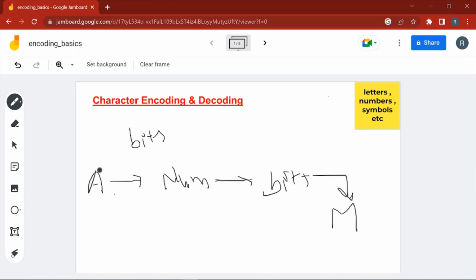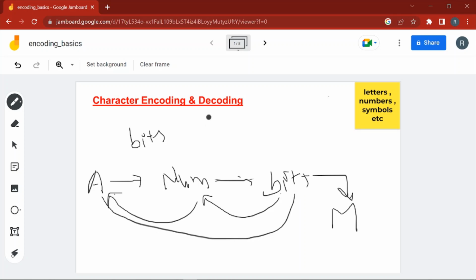This process of conversion from A to bits is known as character encoding. When you open that particular file, the bits are loaded from memory, then bits are converted into a number, then the number is converted into a character. This reverse process is called character decoding.